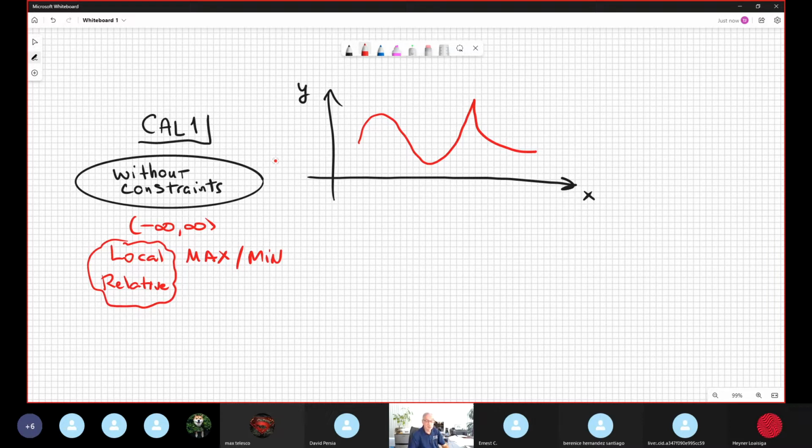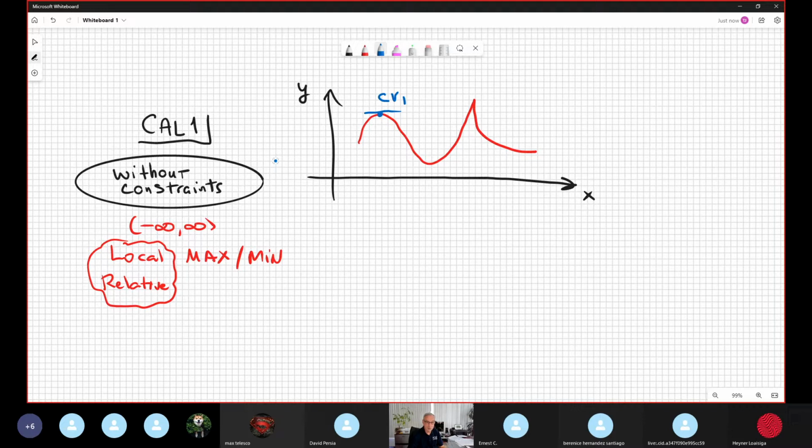Okay, this basically is not the highest number or the smallest number. No, it's a number where the behavior changes. For example, my function is increasing, and here we have a critical value. Critical value 1, because the derivative is 0.